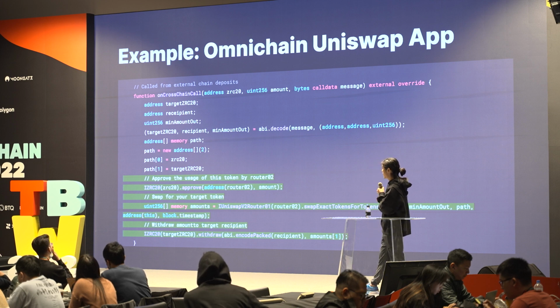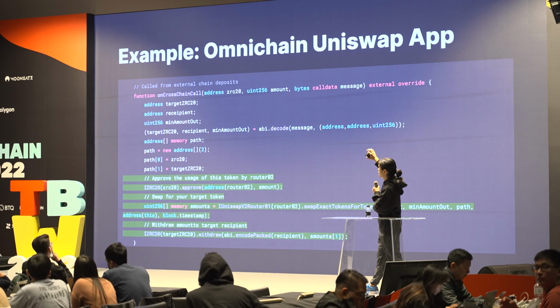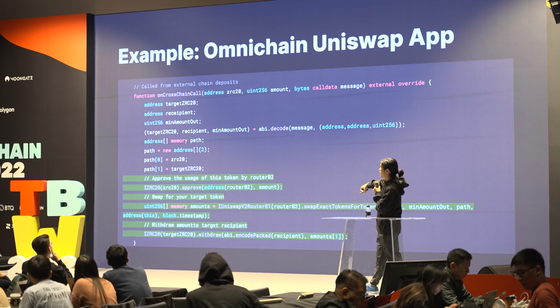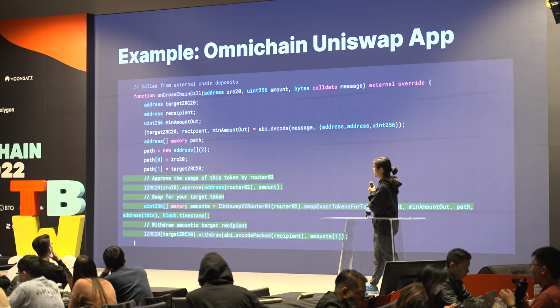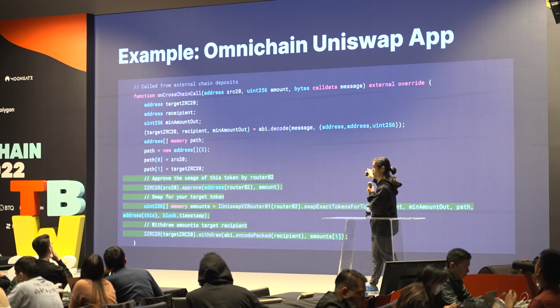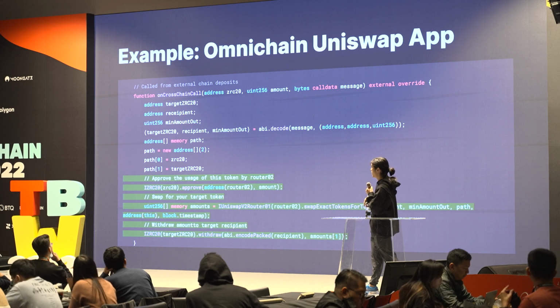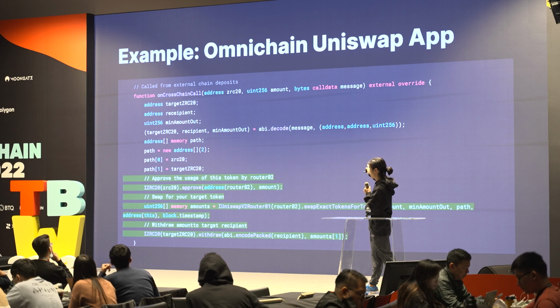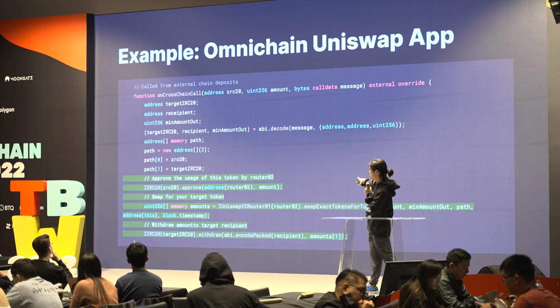And what this looks like in code: this onCrossChainCall is an implementation of an interface where, if you want this to be callable by the system, picking up that message from an external chain, you just implement this function. You parse out the params, whatever you need to, and for the purpose of swapping, this is a Uniswap example.